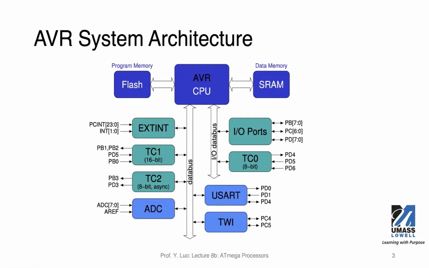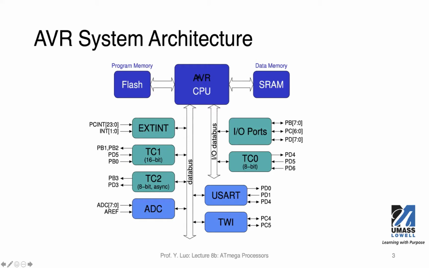This is what we call the Harvard architecture, where the memory space used to store programs is different from the memory space used to store data. That means you will find the programs and data in different sets of memory, physically in different places, and when you try to find them using addresses, they are accessed differently.